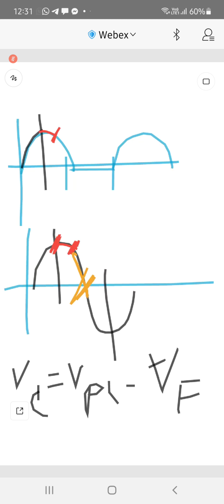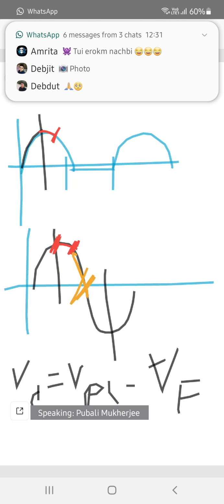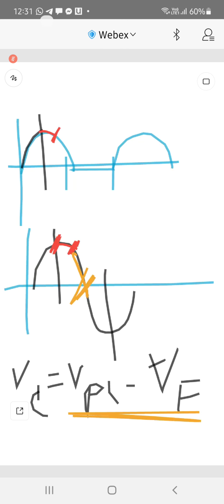What is the voltage across the capacitor? It is still VPI minus VF, or slightly lesser than VPI minus VF. So what is going to happen? And that is the output voltage that you are taking, the voltage across the capacitor. Remember the circuit that I had drawn. So what is going to happen?